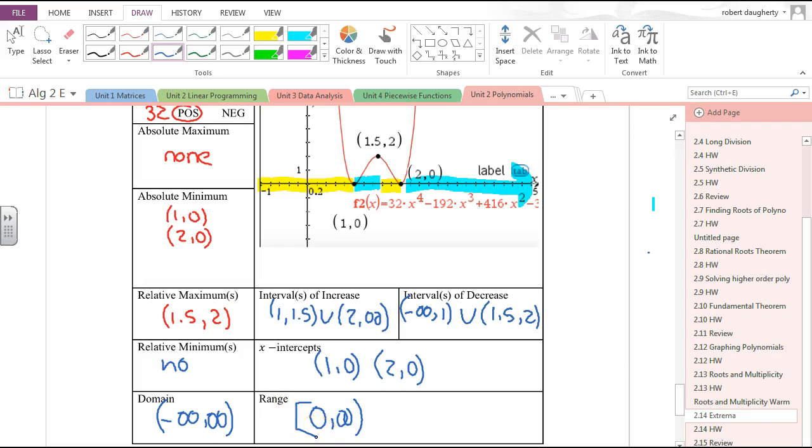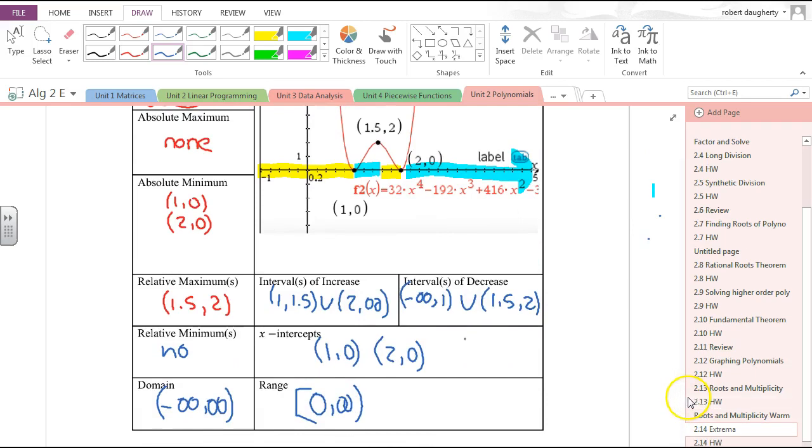Now, is there any multiplicity? Yeah, so I didn't ask that, did I, on your page? So just pretend like this was the test. There is a multiplicity of 2 at x equal what? 1? How can I look at that graph and know it's multiplicity of 2? It doesn't do what? Doesn't cross the axis. There's a multiplicity of 2 also at x equal 2.